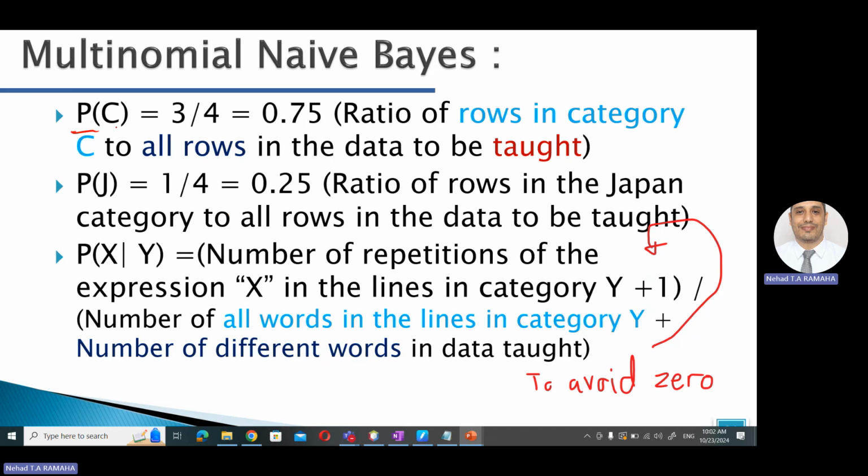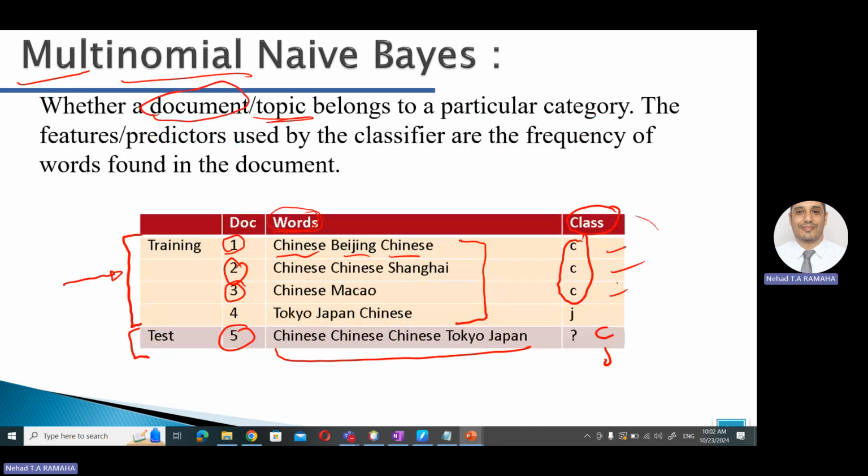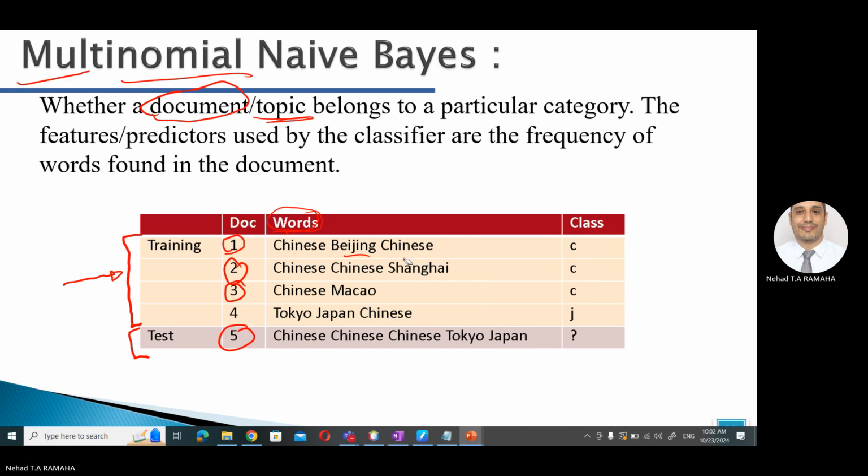Probability of C, probability of category C. Here, calculate the probability of C and the probability of J from this data. It's easy. How to calculate the probability? Probability of C, it's equal what?